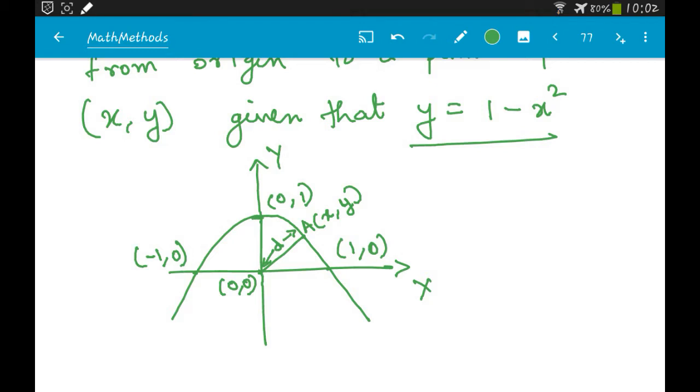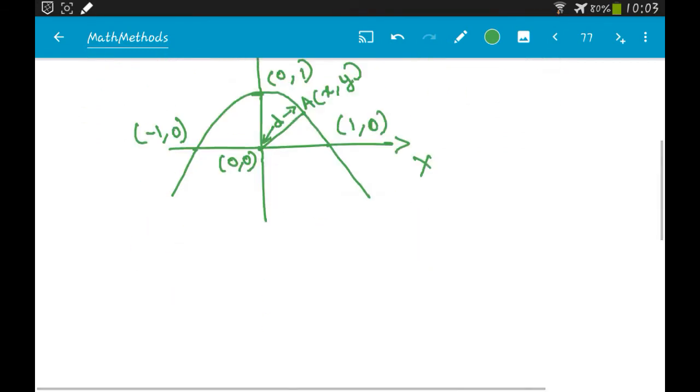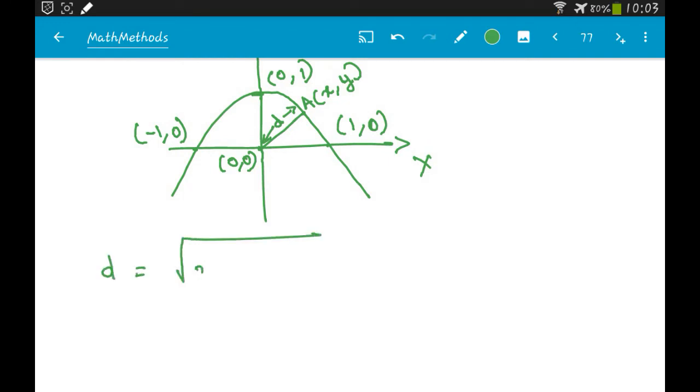Let's first write down what d is. d is equal to the root of (x minus 0) whole square plus (y minus 0) whole square, right? Of course, if d was not from the origin but from a certain coordinate, then you would have to change these values.